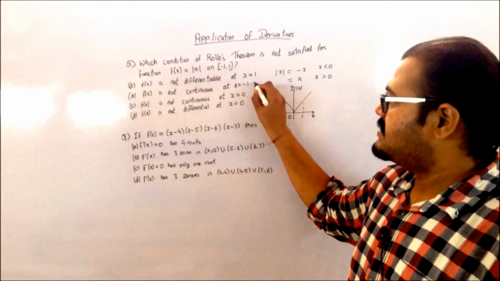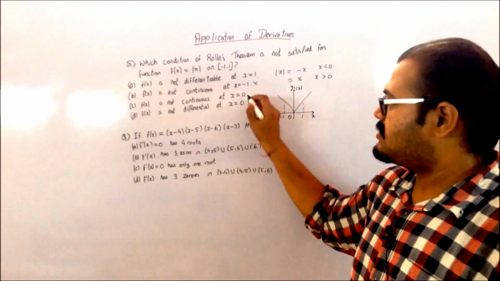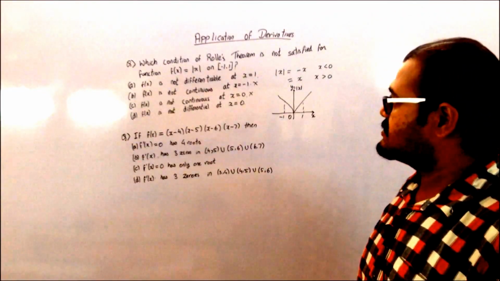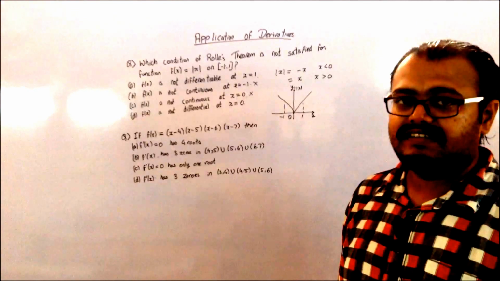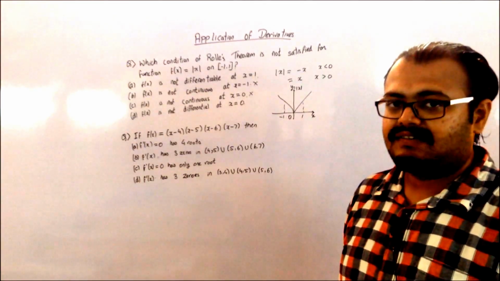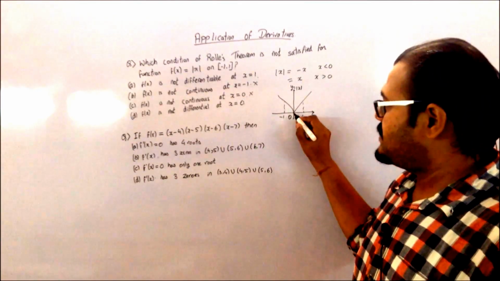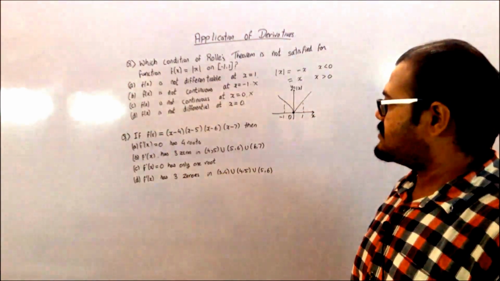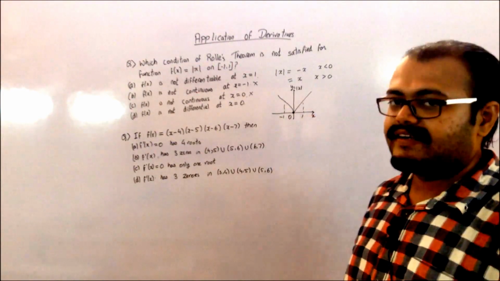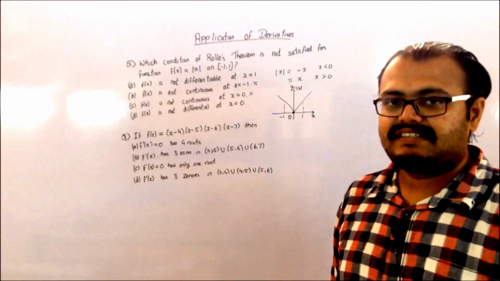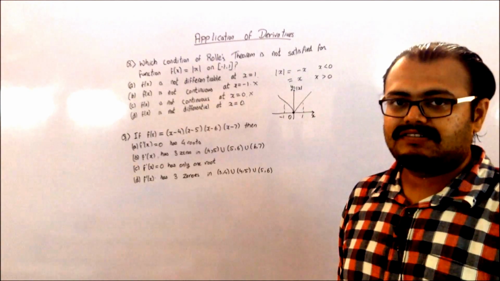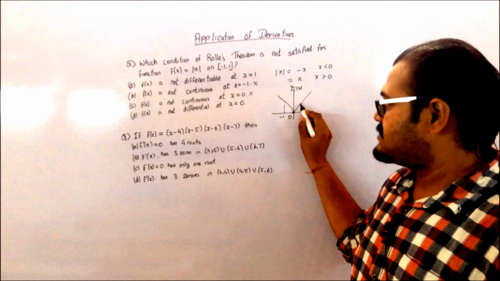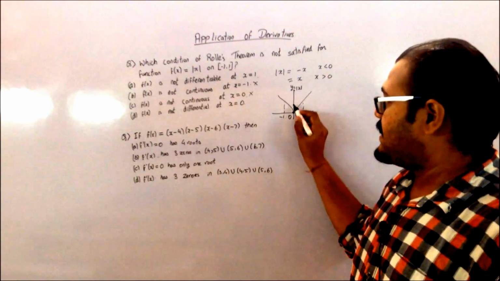So basically this option is not possible. Also this option is not possible. Let us check the next one, that it should be differentiable between the limits of -1 and 1. Now if you observe the point O, at that point it is not going to be differentiable, because the value of the derivative at this position will be different from the value at this position.